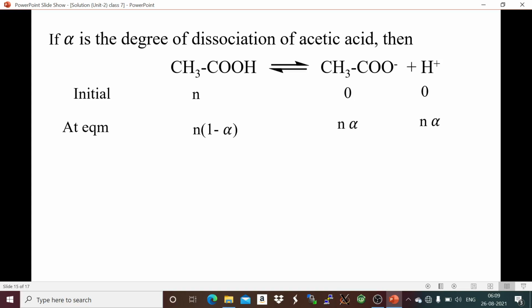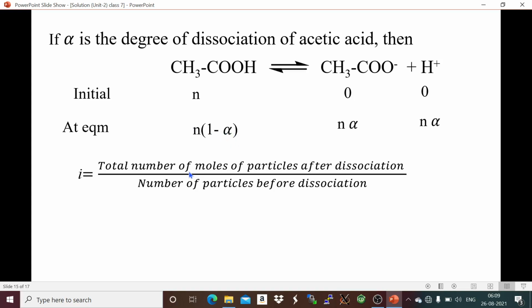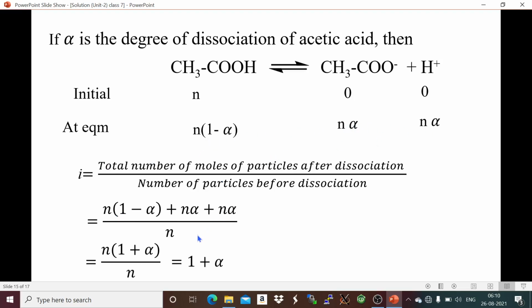So i is the total number of particles after dissociation divided by the number of particles before dissociation, which is 1 plus alpha.